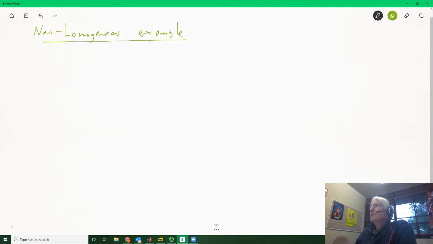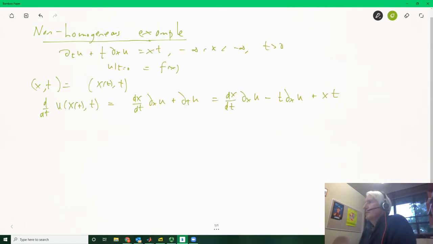What that is equal to is, as always, dx/dt times the x derivative of u plus the time derivative of u, which is equal to dx/dt times the x derivative of u plus, now the time derivative is minus t times the x derivative of u plus x times t. Okay, we've got this extra term in it.